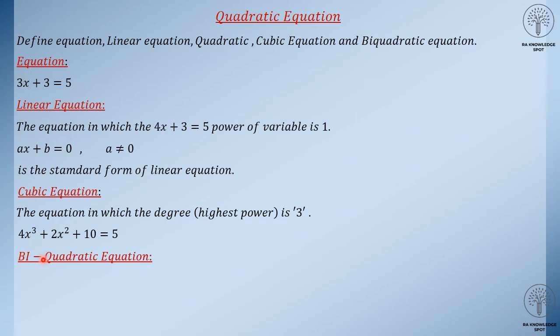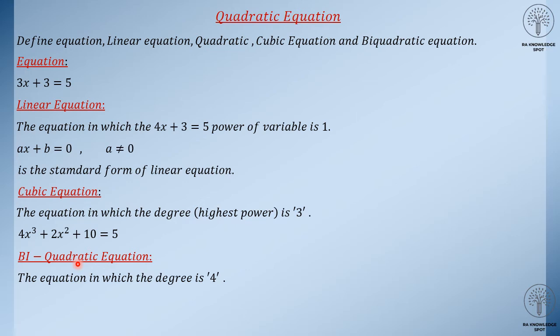Now this is a biquadratic equation. Now what is a biquadratic equation, dear students? Actually quadratic means power 2, and bi means 2, as you have heard many times in maths and in computers. So bi means 2, and quadratic 2, 2 plus 2, that is 4.